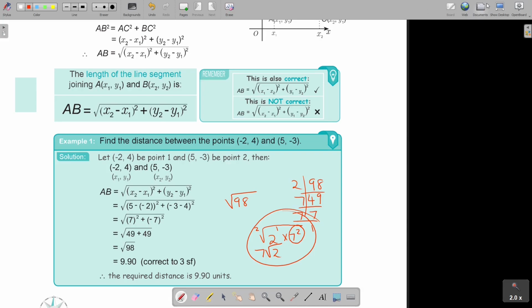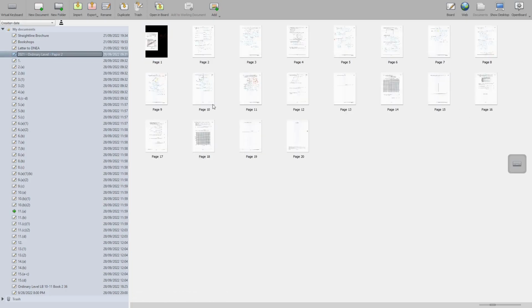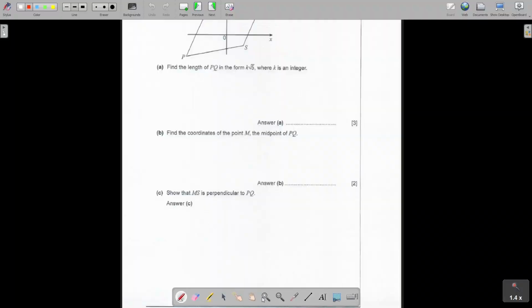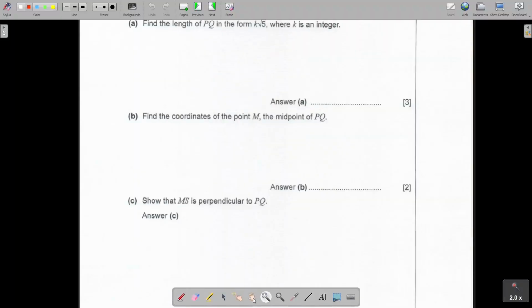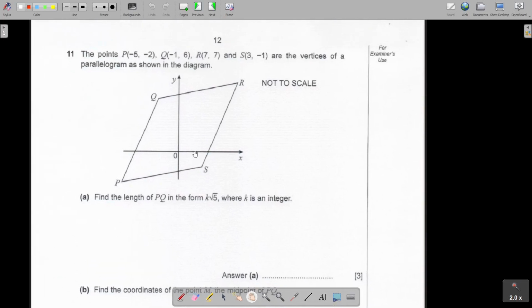Okay, so the question paper, and we're going to do that one quickly. I'm going to start with number A. So it's the length of PQ. Now it's very good to already write the points in here.